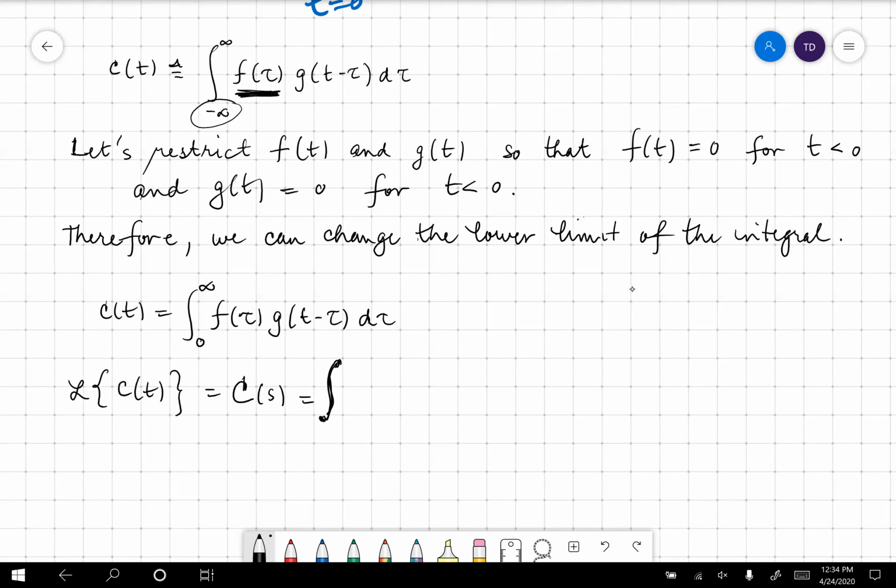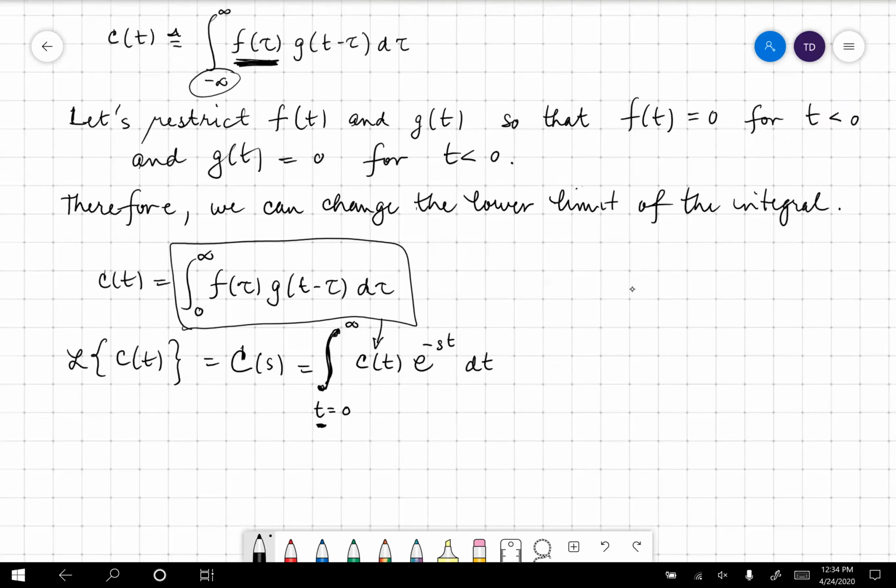F of t e to the minus st dt. Good. So here we go. T equals 0. Because I'm going to have two integrals here, I want you to specifically know t equals 0 to infinity, and then it's going to be, in this case, c of t e to the minus st dt.